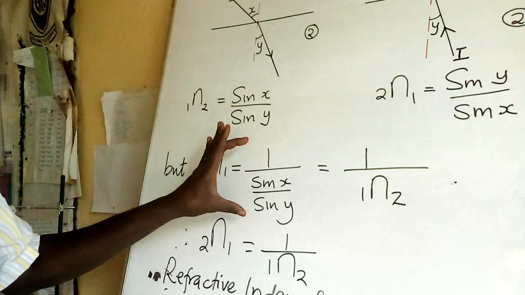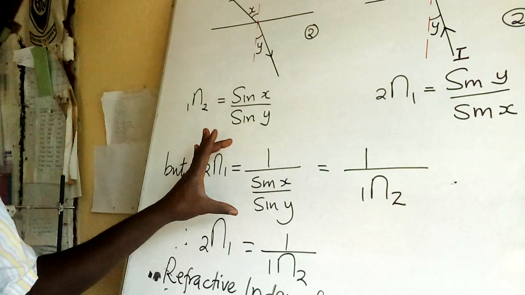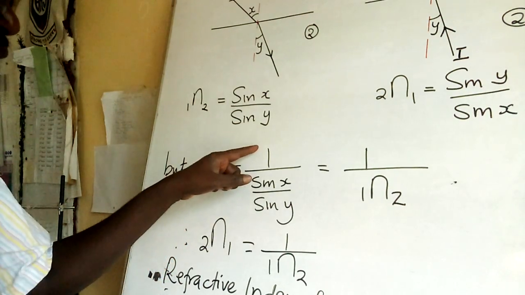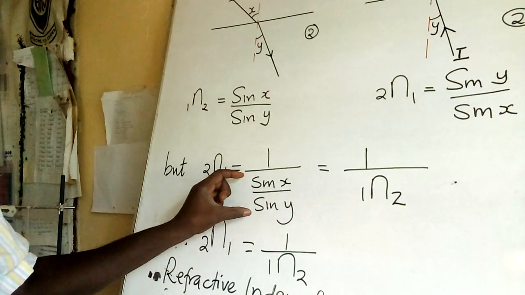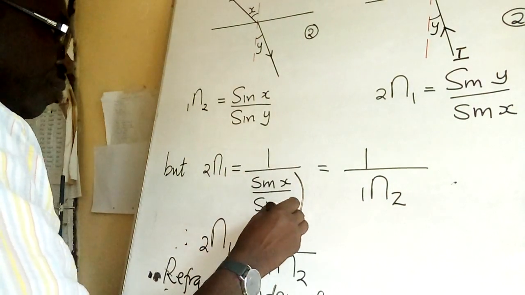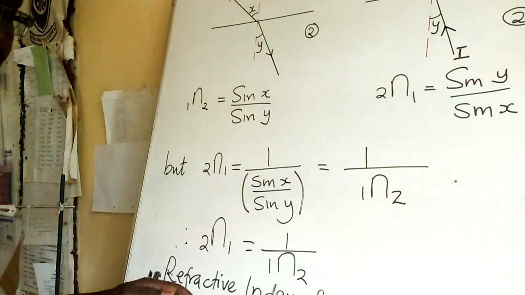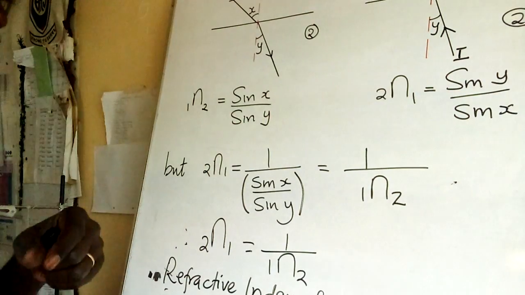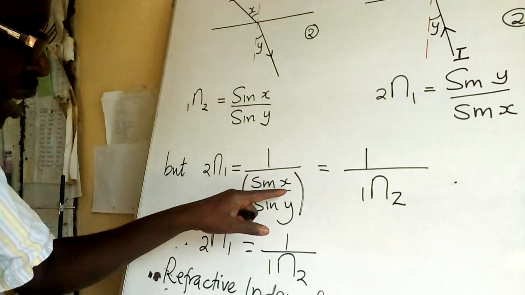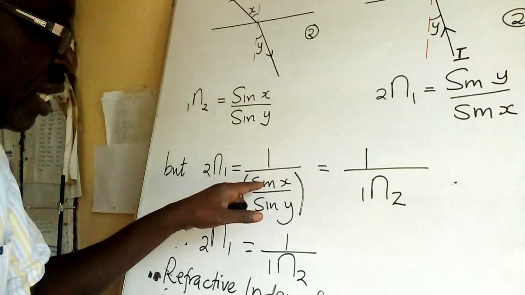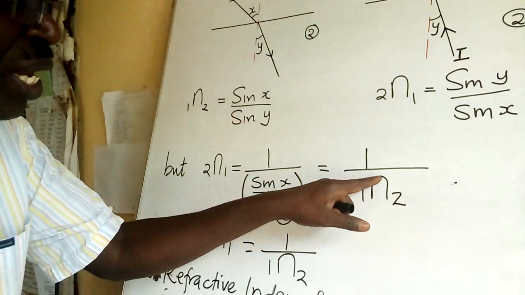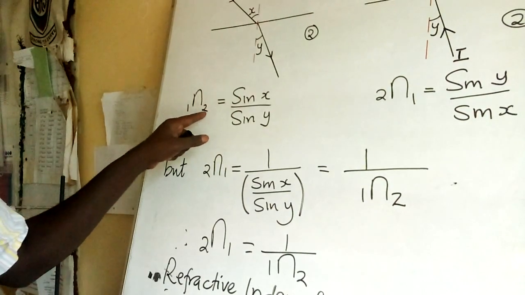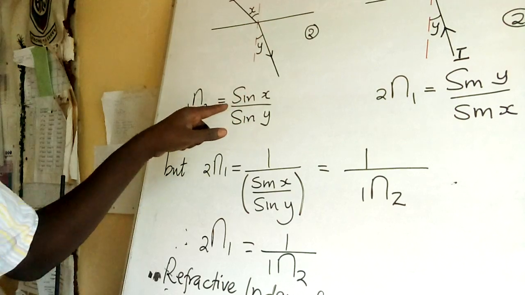I want you to understand this part. This is a simple mathematical maneuver. 1 over this gives me that, but this denominator is the same as 1n2.